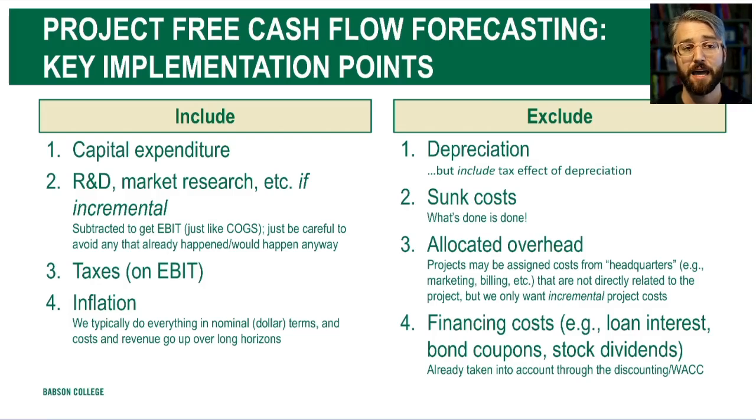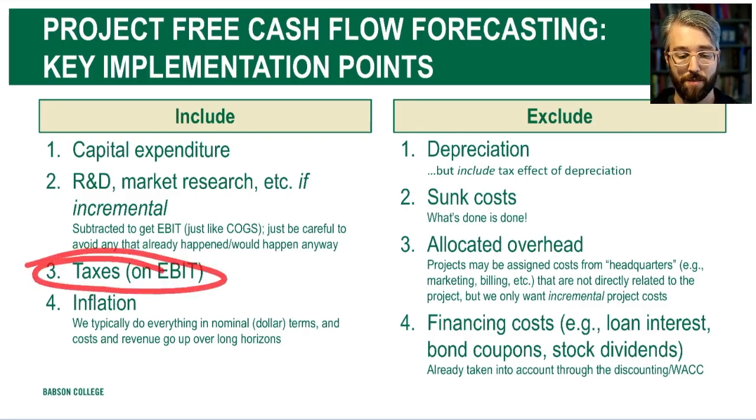So if at the time that we are engaging in this capital budgeting analysis, the R&D, the market research, et cetera, has already been done, that means that the firm will be paying those cash flows whether or not they do the project. They've already done them. So we're going to make sure to exclude sunk costs. We only want to include incremental R&D and market research. And if it's already been done, it's sunk. It can't possibly be incremental.